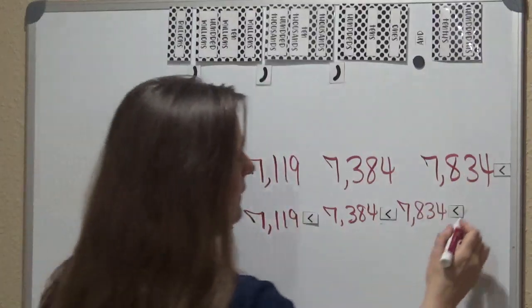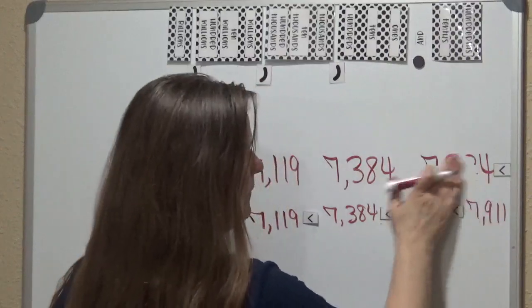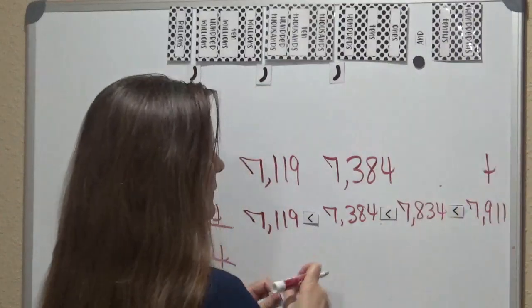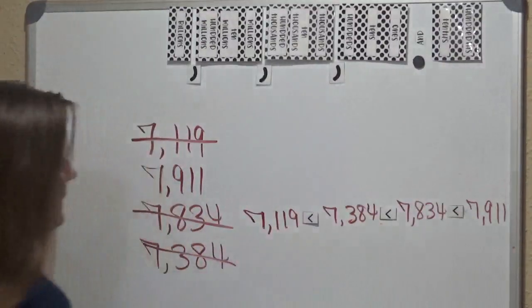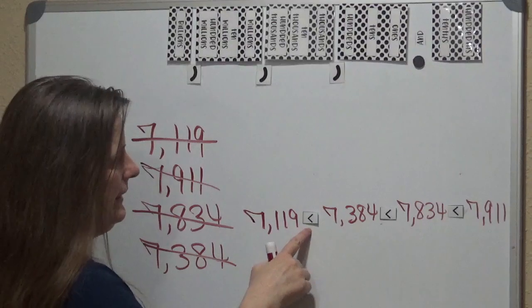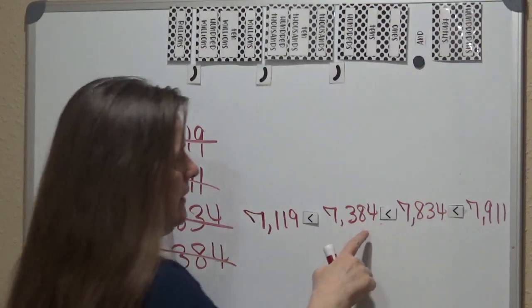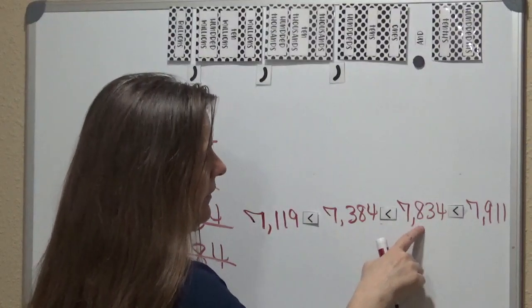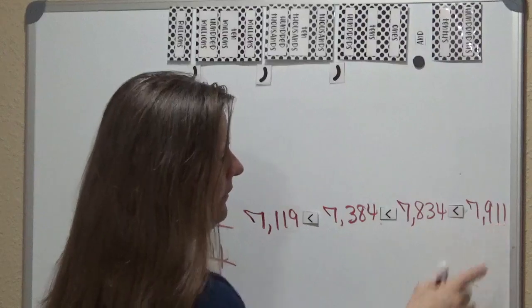And then we have 7,911. So when we're reading this, it's like this. 7,119 is less than 7,384, is less than 7,834, is less than 7,911.